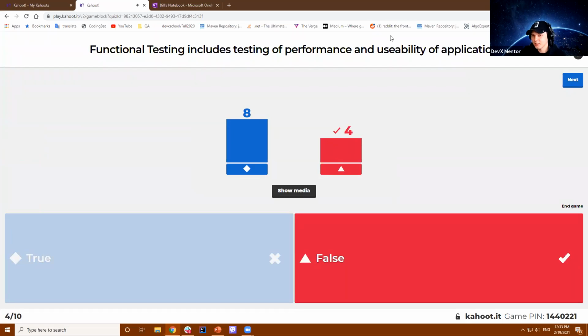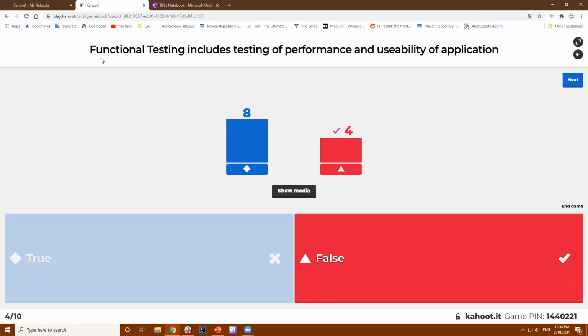Yeah, guys, functional testing does not include usability and performance. It's non-functional testing. Clear? Or do we need to talk about it?